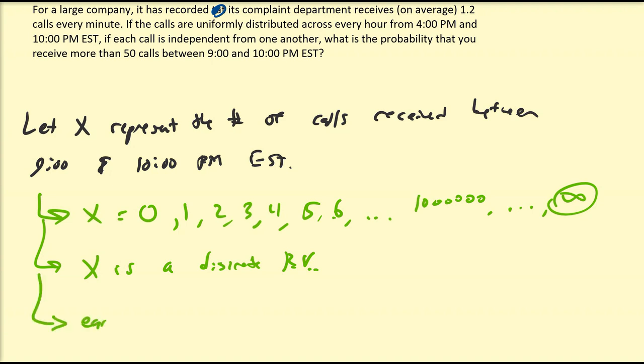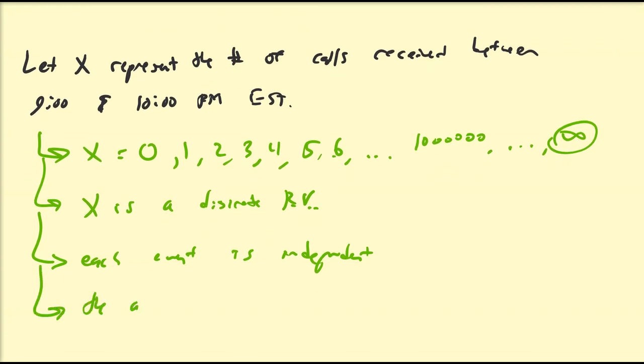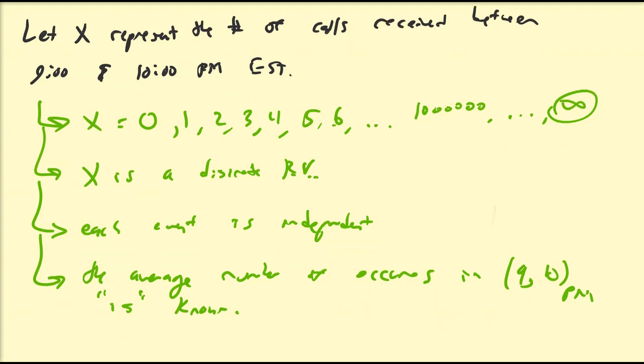Each event is independent, and the average number of occurrences in the interval 9 to 10 p.m. is, quote-unquote, known. Now, it's not directly given to us between 9 and 10 p.m., but we're going to discuss that in just a moment.